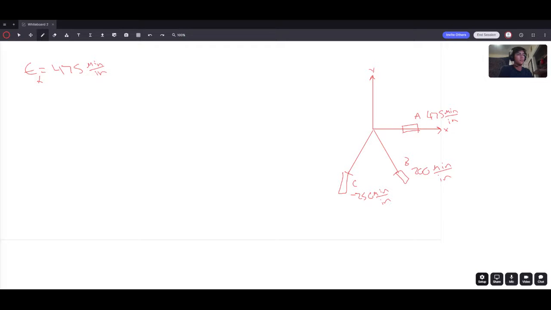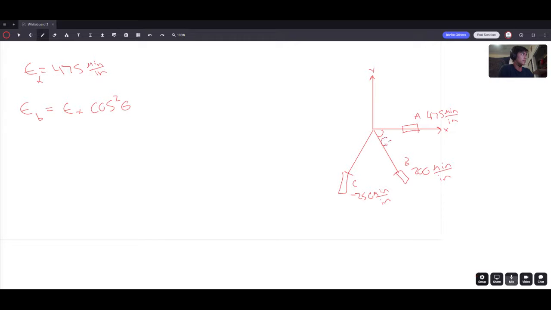So for epsilon B, that equals epsilon X cosine squared theta B, so the angle between the X axis and the strain gauge in the B direction.